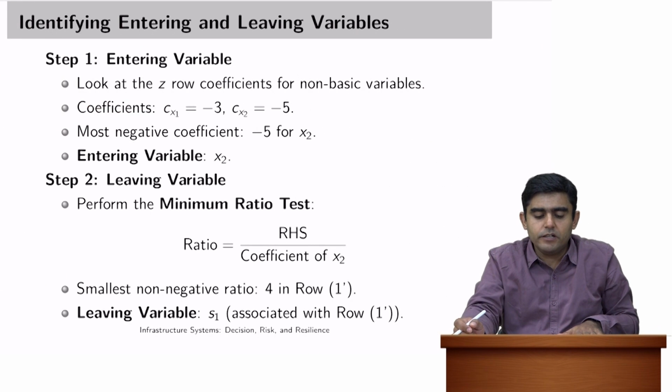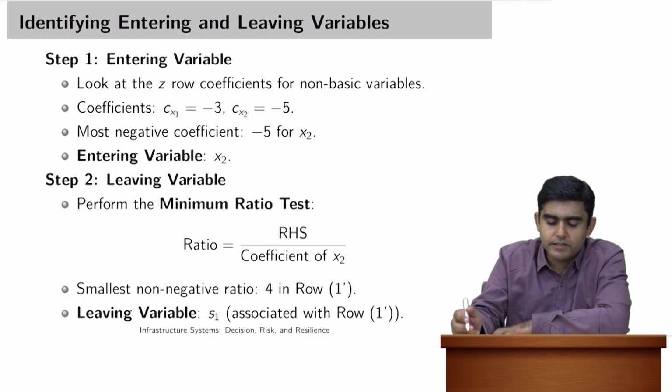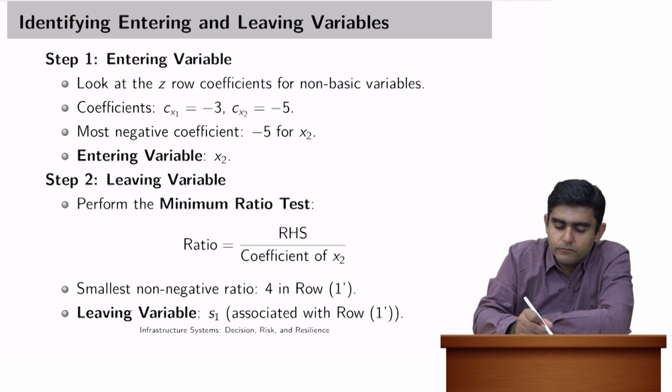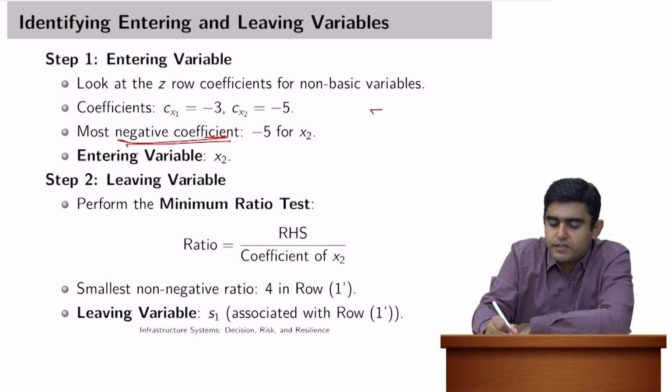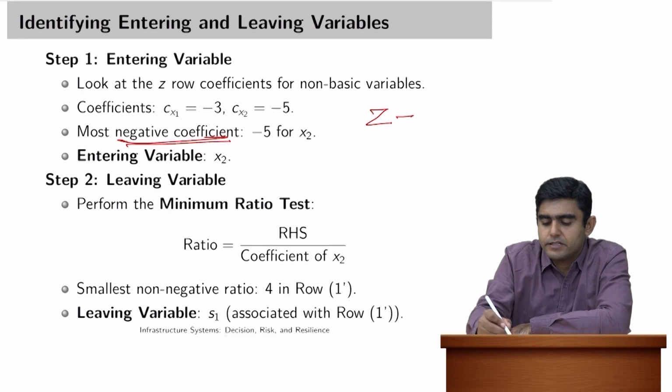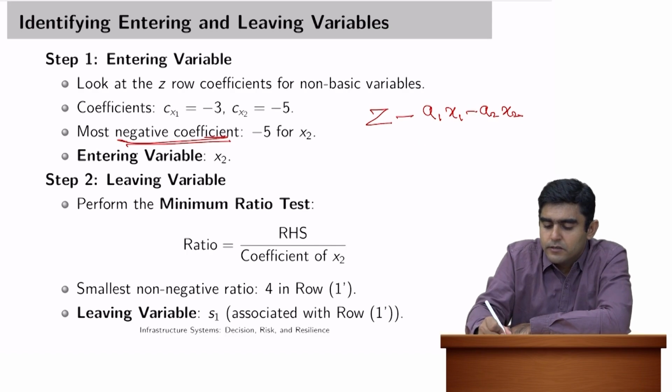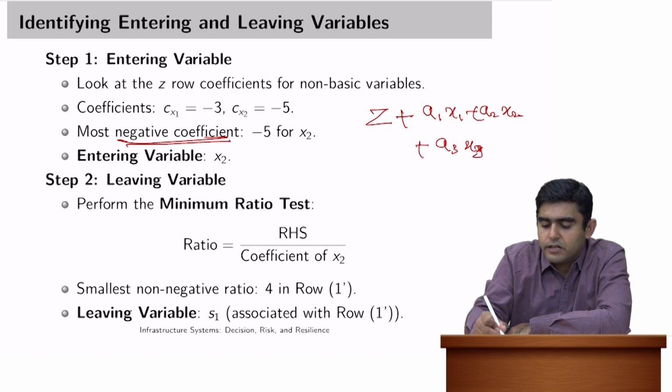So, a quick summary of what we have learned: we will select the entry variable which has the most negative coefficient if my problem is maximization, and my objective function is written as minus a2 x2 minus a3 x3 and so on. So in fact, I should say plus, because then I'm not counting the negative sign twice.